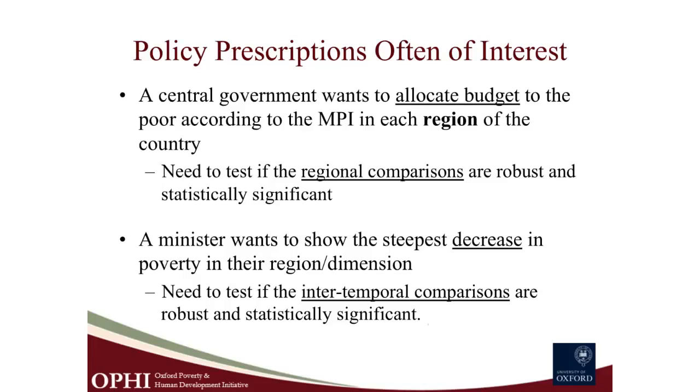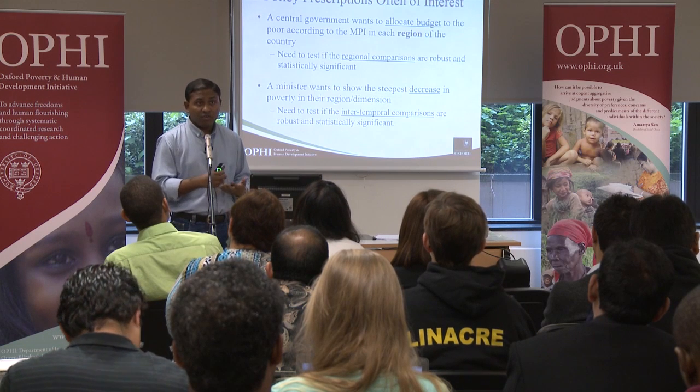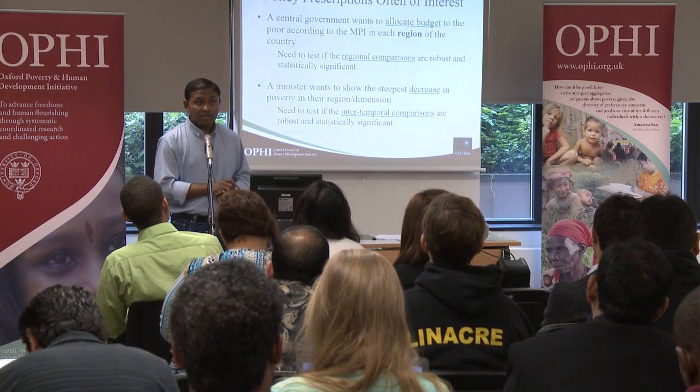Now, these are the kinds of places or issues where you need to do robustness analysis or statistical inference. A central government wants to allocate budget to the poor according to the MPI in each region of the country. Of course, then you need to test if the regional comparisons are robust and statistically significant, because you are going to allocate more funds to one region compared to another. But you should be able to say confidently, yes, the region that we are saying should receive the funds is definitely poorer.